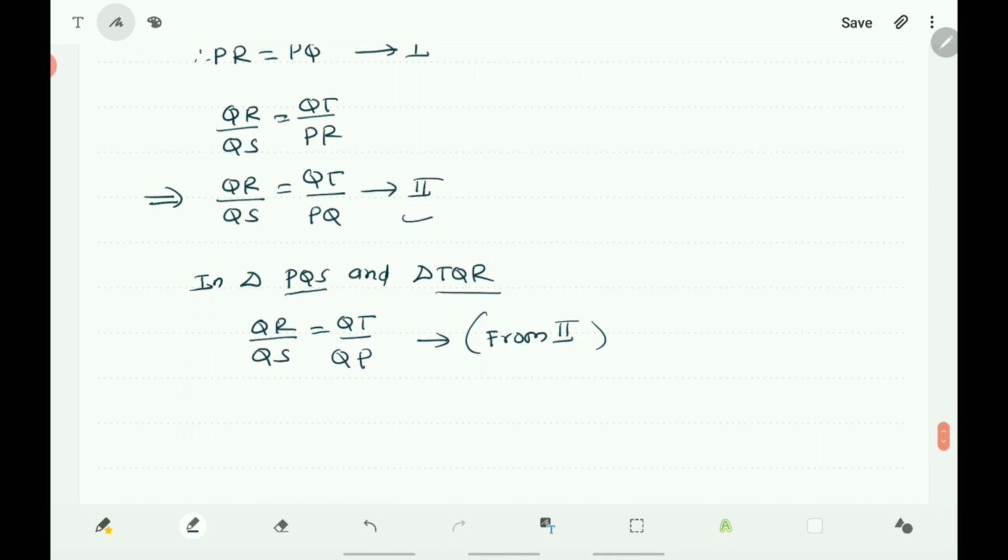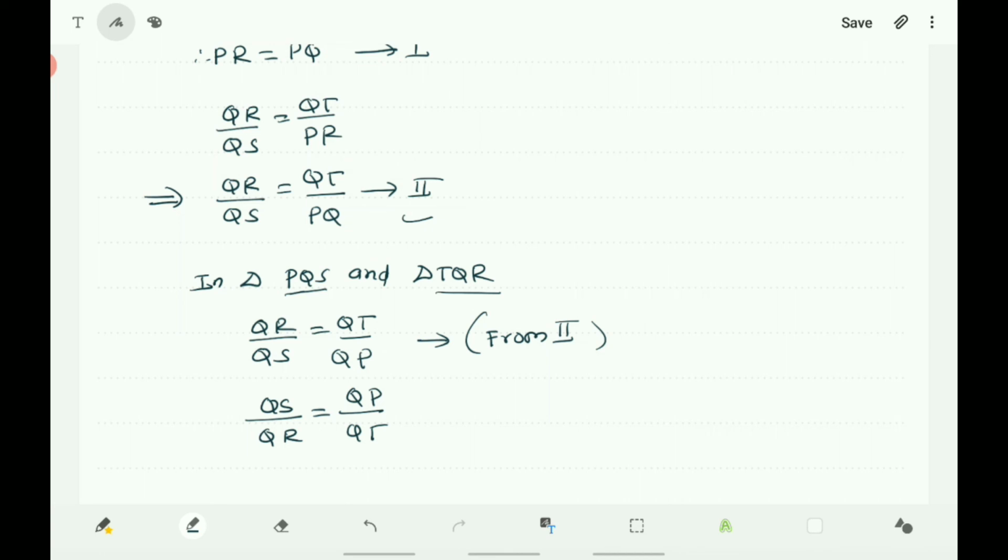Therefore, you write QS by QR is equal to QP by QT. Since triangle PQS and triangle TQR are taken, you write the reciprocals of the ratio, that is QS by QR is equal to QP by QT.